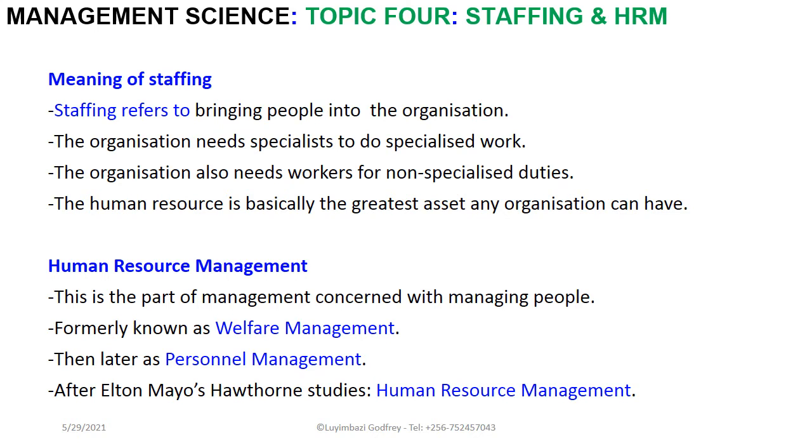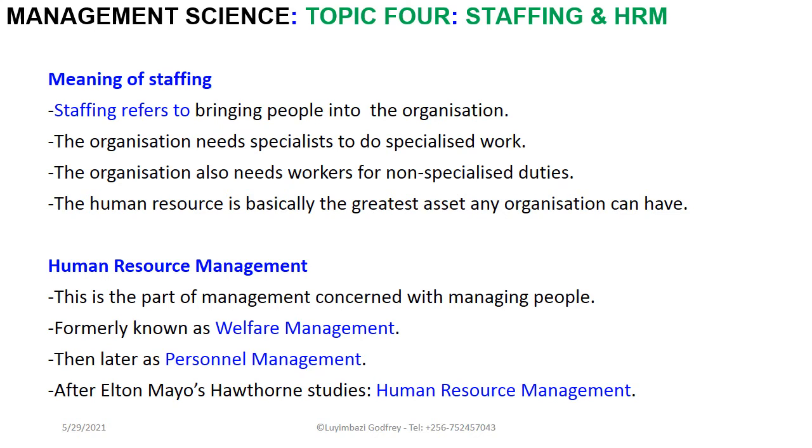Now, the organization needs these specialists to do specialized work. It also needs workers who may not be specialists to do those non-specialized duties. Many scholars agree that the human resource is basically the greatest asset any organization can have, and other scholars have said that it is the human resources which are the most important resources in an organization.